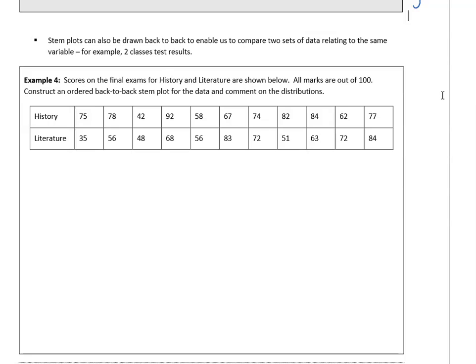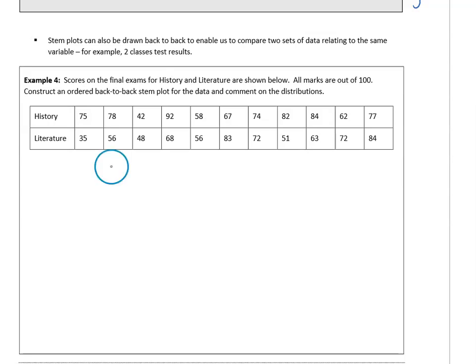So first thing, we want to do a back-to-back stem plot. So that means our stem is going to be down the centre of our graph, and we'll have history coming off one side and all the numbers there in one leaf, and then literature coming off the other side. And again, all those numbers in one leaf on that side. And so it doesn't matter whether you go history on the left and literature on the right or the other way around.